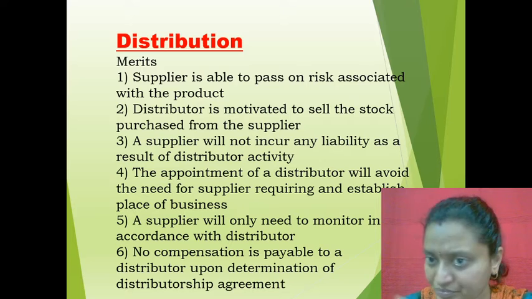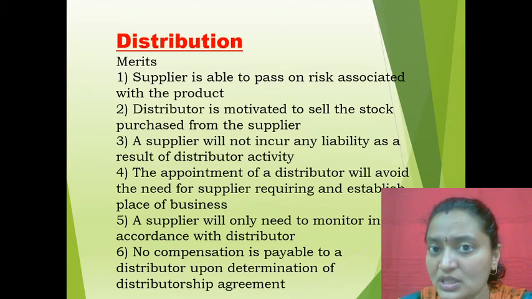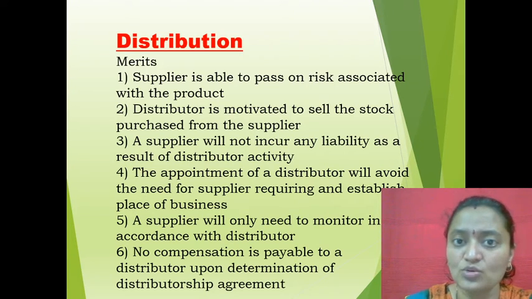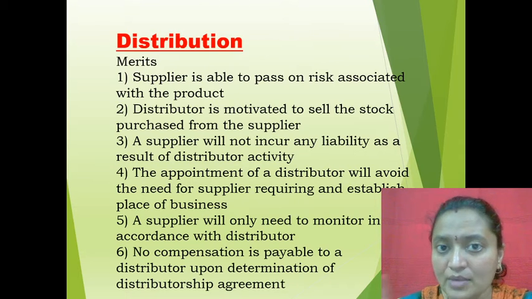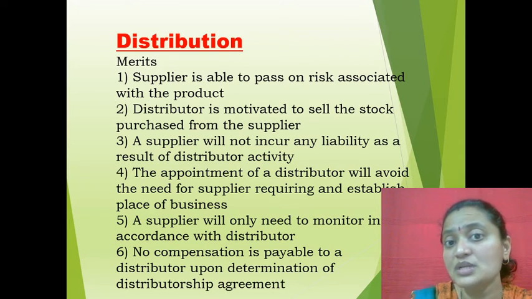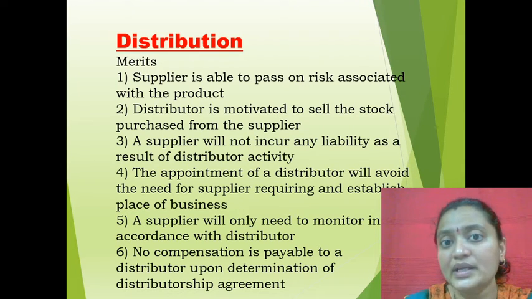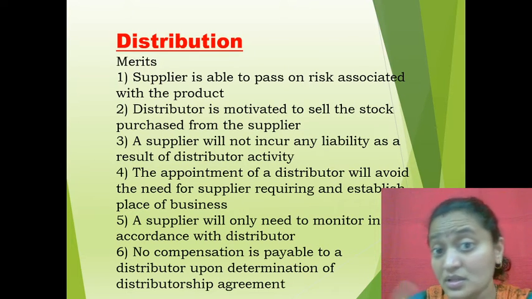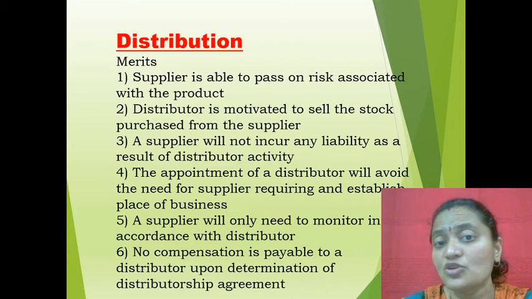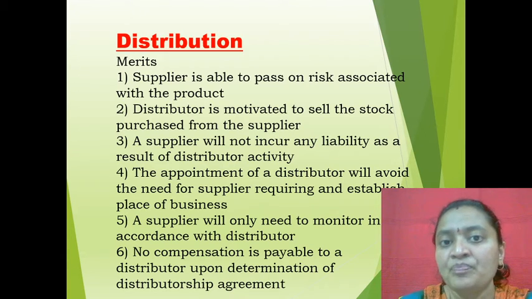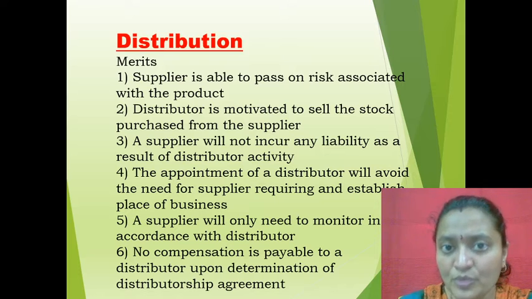Delay means the date was mentioned and the goods are to reach on that particular date, but suppose it becomes late, then how can it be compensated? Here, what difficulties or problems will take place in distributing the products.